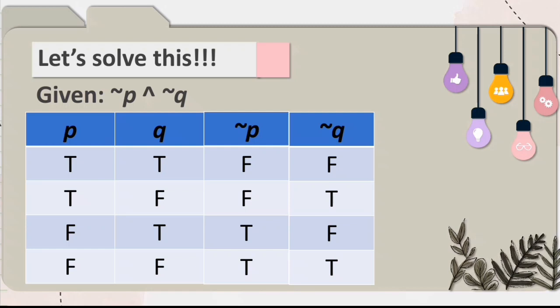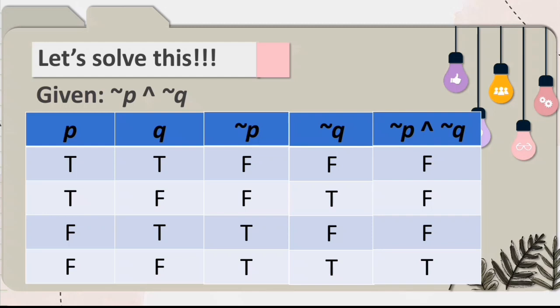Our last column to solve is the whole given problem, the negation of P and the negation of Q. The connective of the last column is the and, which is the conjunction. Looking at the negation of P and the negation of Q, in the third and fourth columns: in the first line, false and false, so the result will be false. In the second line, false and true, so the result will be false.